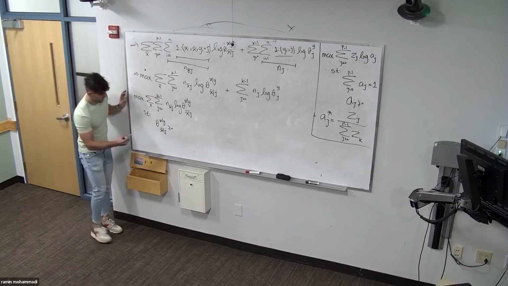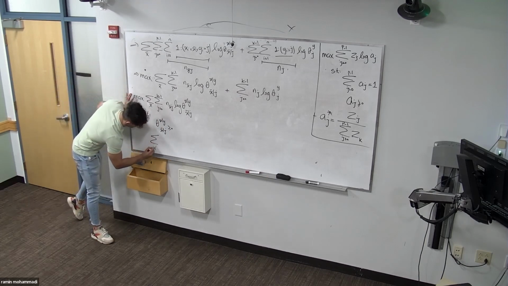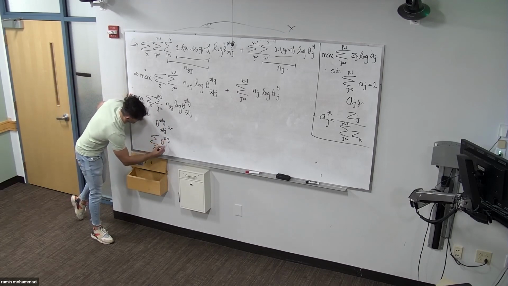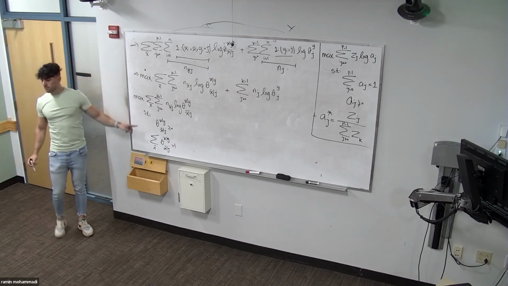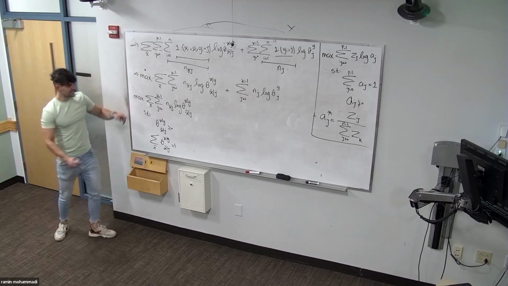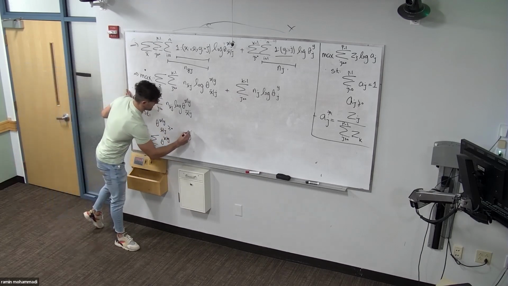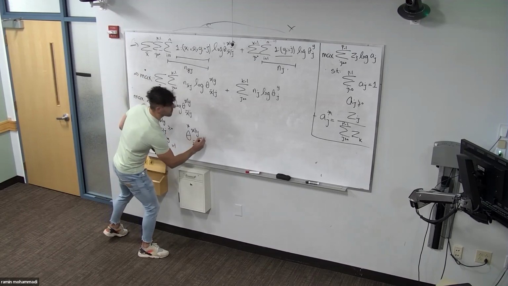So that means the summation of theta x y x bar j is also 1. So that's the same theorem, right? If that's the case, that means theta xy x bar j, the star, comes from Zj.